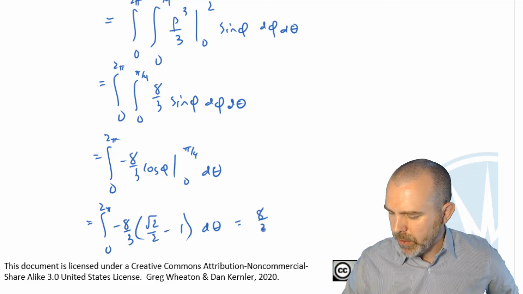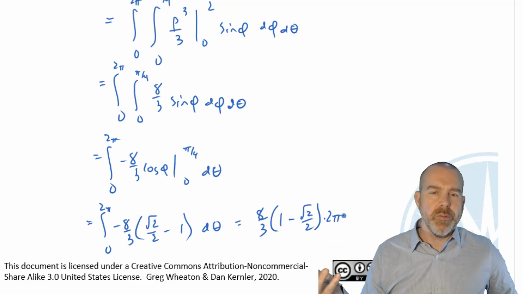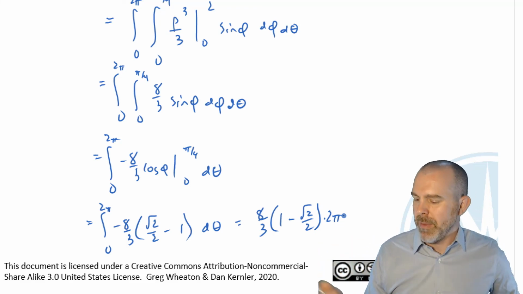So I'm going to do this, 8/3, and then just change the order, 1 minus square root of 2 over 2, times 2 pi. What that means is I just distributed the negative 1, which makes the square root of 2 over 2 negative and makes the 1 positive.